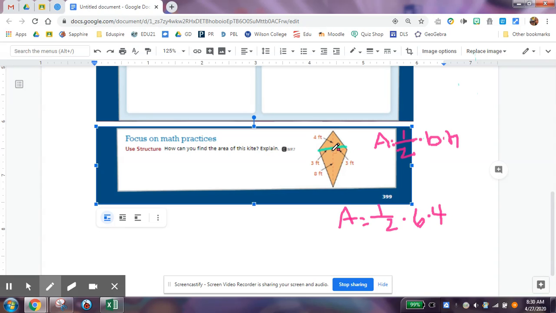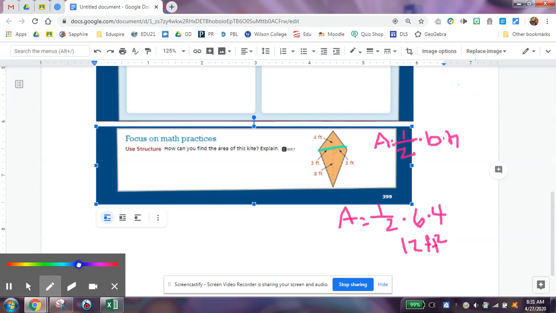So the area of this first triangle is 6 times 4, which is 24, times 1/2, which is 12. 12 feet squared. That's not the area of the entire kite. That's the area of this first triangle.